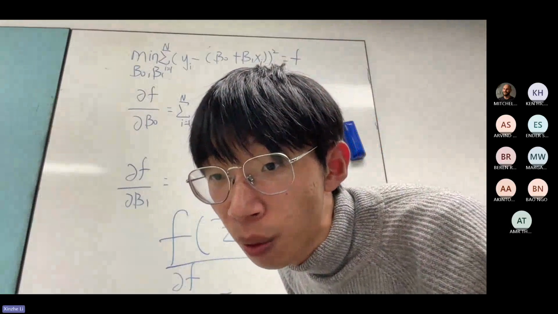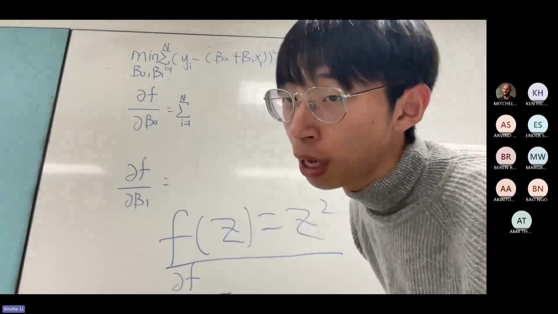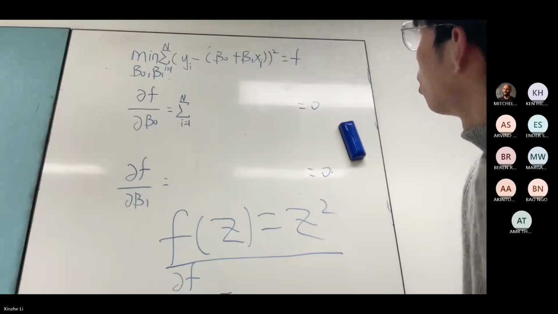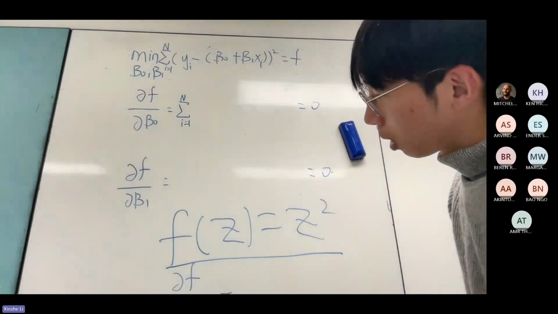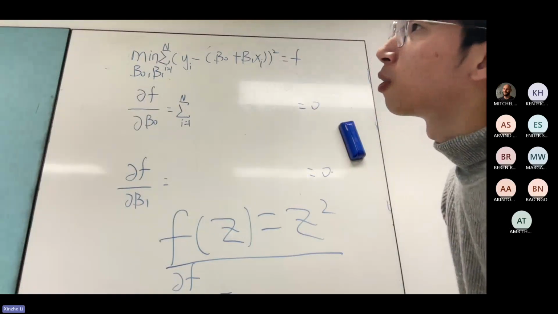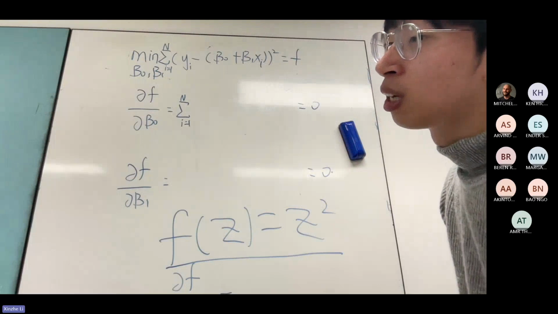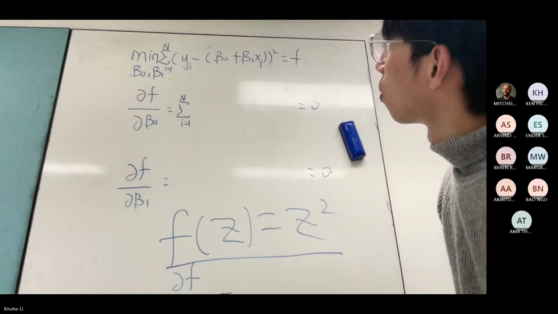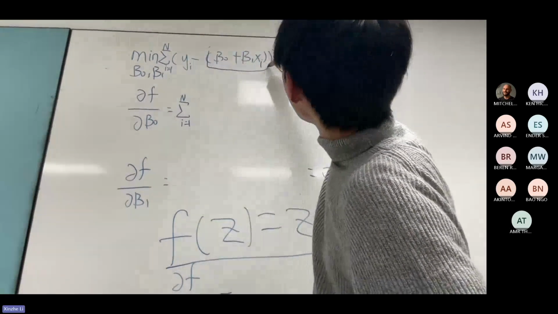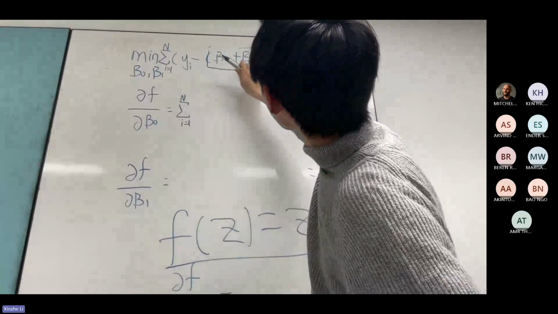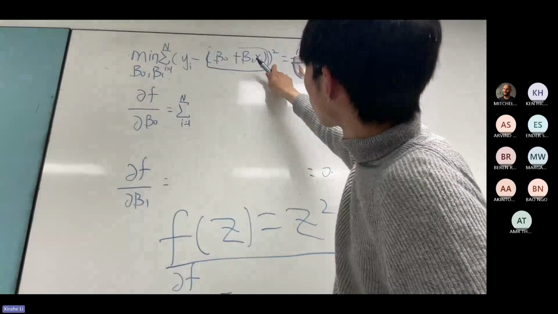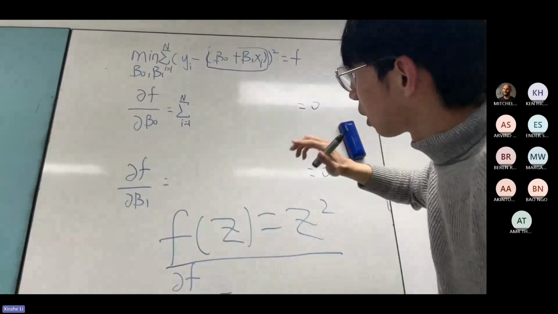For a quadratic function, there is always one point where the derivative is 0. It can be a minimum or a maximum. But that is for a quadratic function. If you know here is a linear function, and we take y minus this linear function, then it is always a quadratic function, so there exists one minimum.